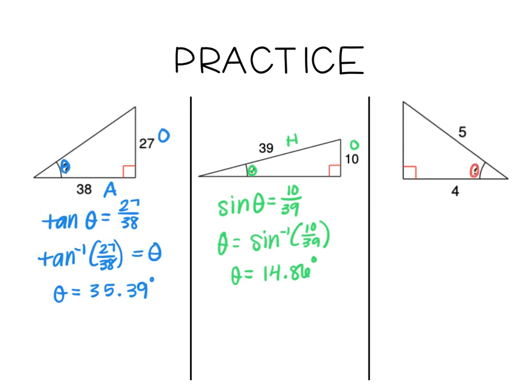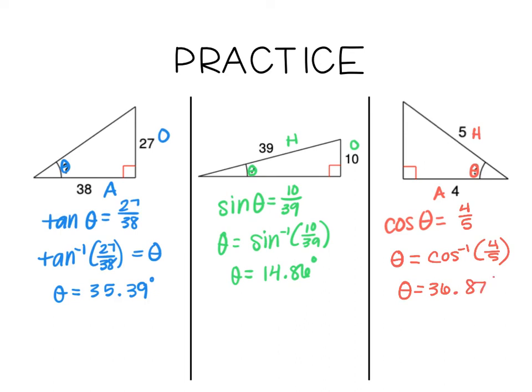In our last one, we have theta, an adjacent, and a hypotenuse, so we'll be using the cosine of theta. That's 4 over 5, so theta will equal the inverse cosine of 4 over 5. Theta is approximately 36.87 degrees.